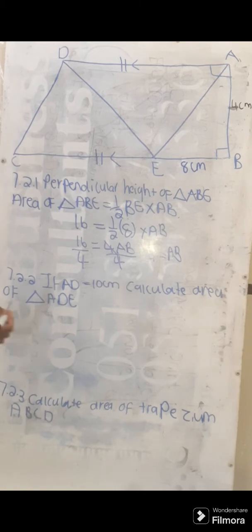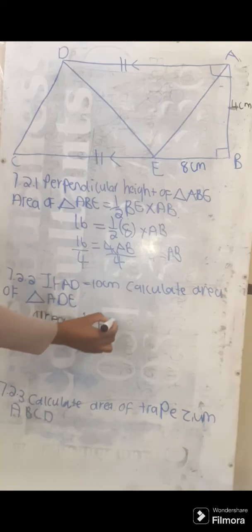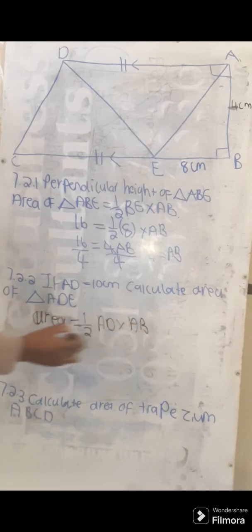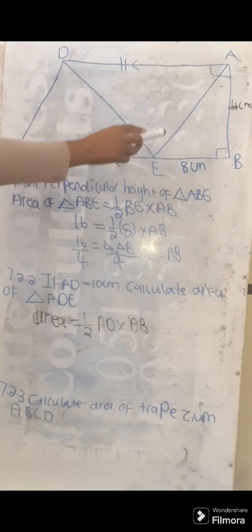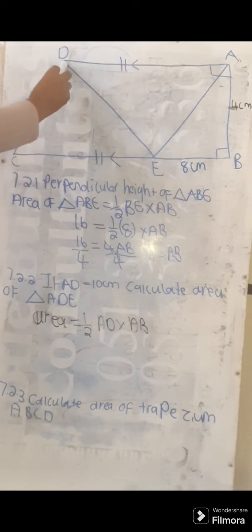So that area will be area equals 1/2 AD times AB. So this is AD, this is AD, and then AB.